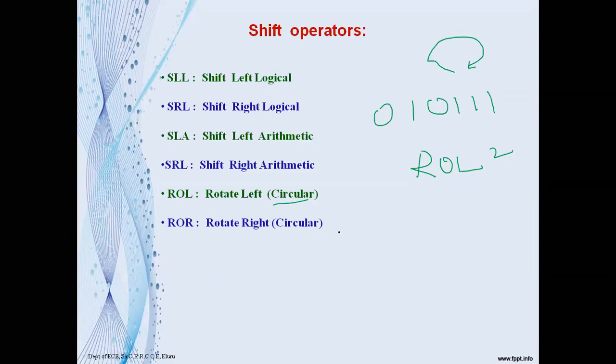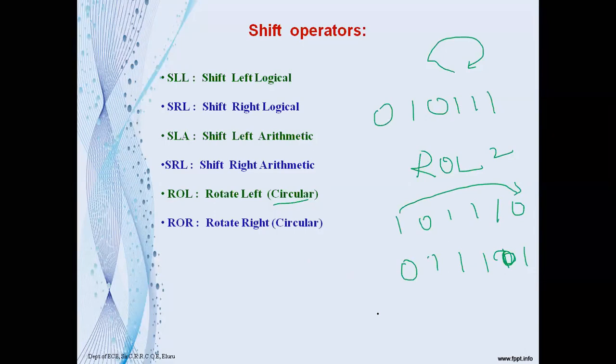The first time if you rotate the bits, what is the expected value here? 0 1 1 1 1 0 is for the first rotation. What about the second rotation? For the second rotation you are getting 1 0 and 1, which means this bit is shifted again to here.